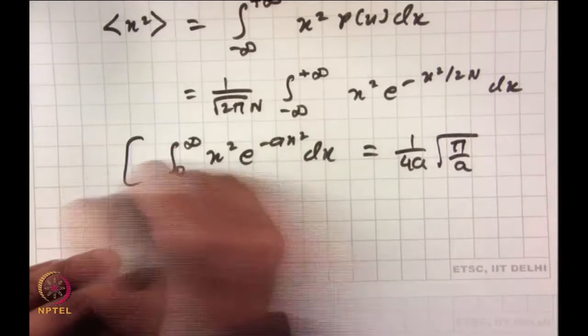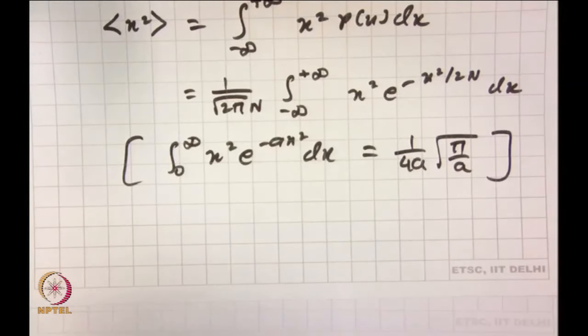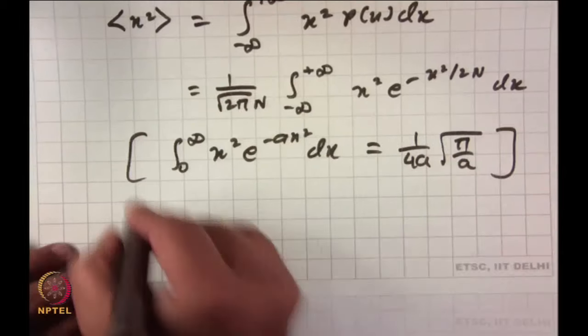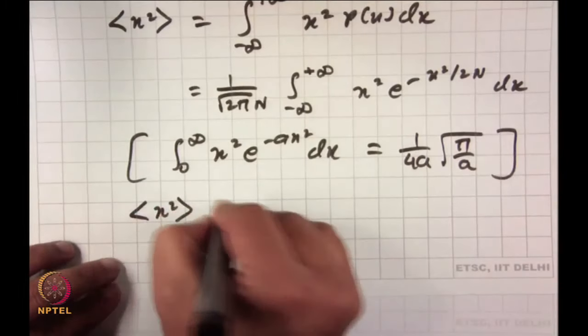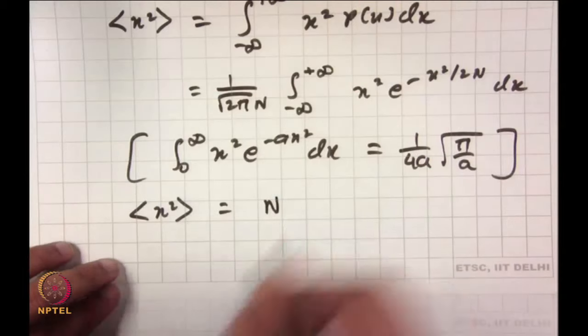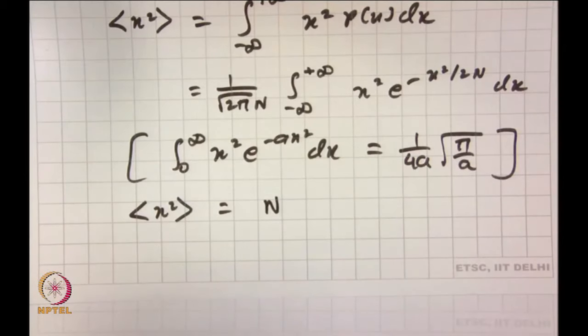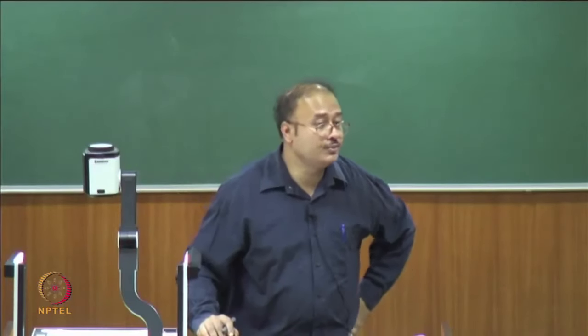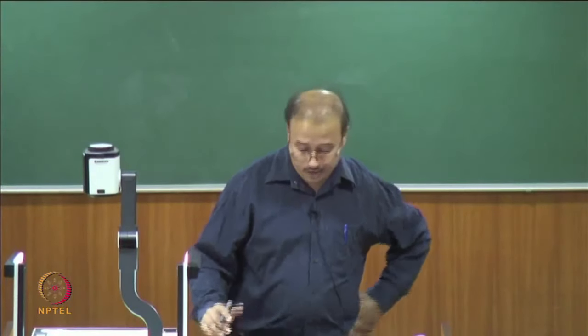This is the standard integral you use. Remember this would be 2 times of this, and hence what you would find is x square is equal to n. This is just left as a small exercise for you to complete.